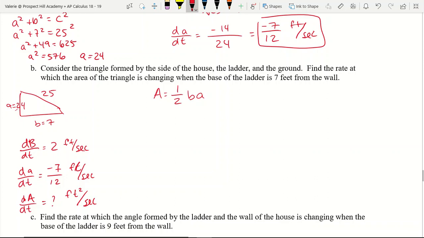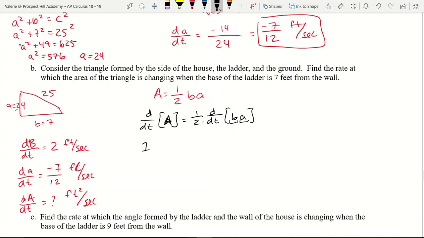So what we're going to do now is take the derivative of this equation. So we want d/dt of A, big A, equals 1/2 d/dt of B times little a. On the right side, we have to use the product rule because we have 2 different variables multiplied together.